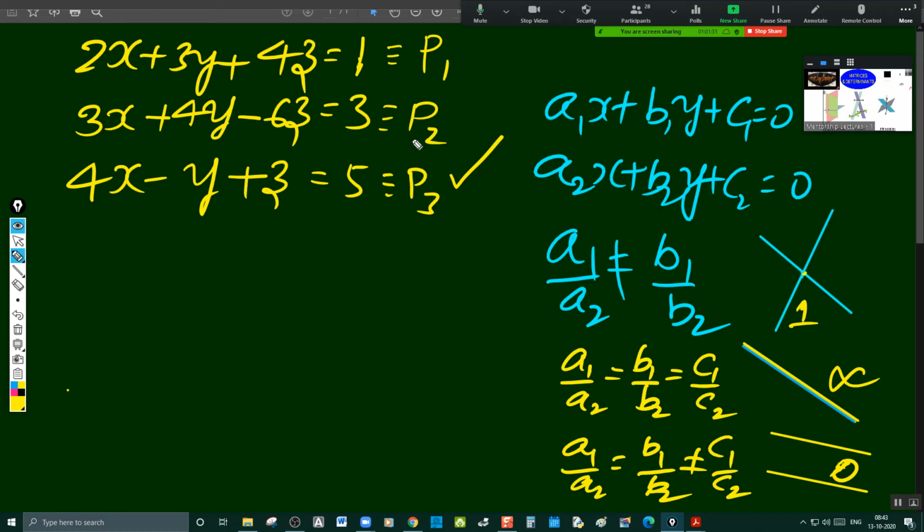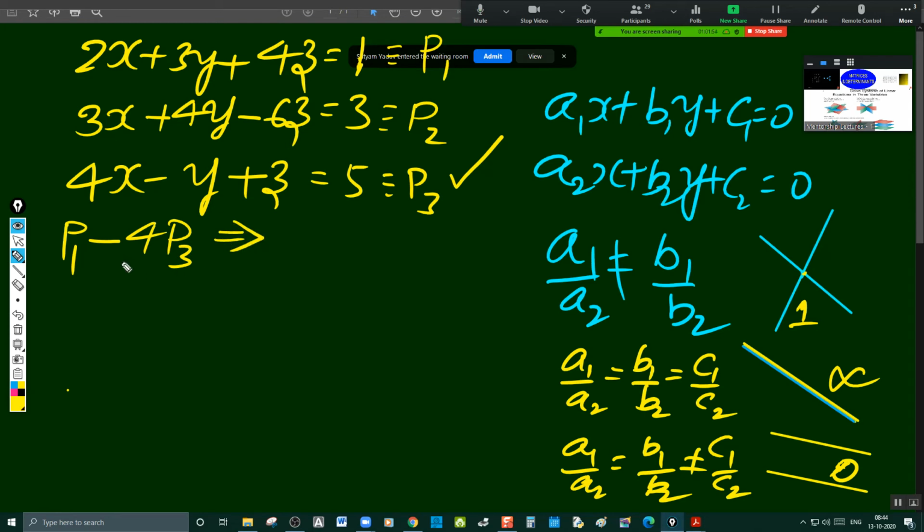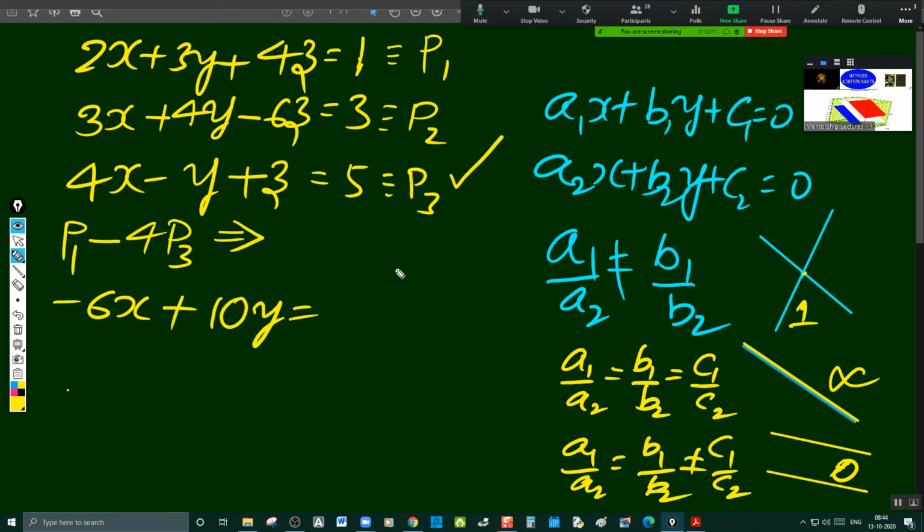Then what I'm doing, I'm subtracting: P1 minus 4P3 implies, anyone please, 2 minus 8x minus 6x, and it is 6 plus 4y, 10y is equal to 1 minus 15, minus 40.